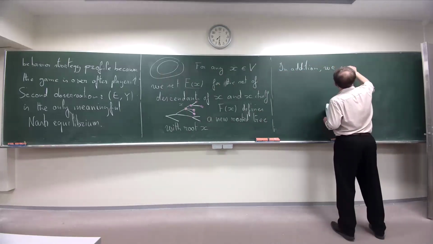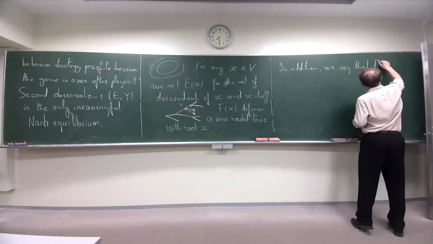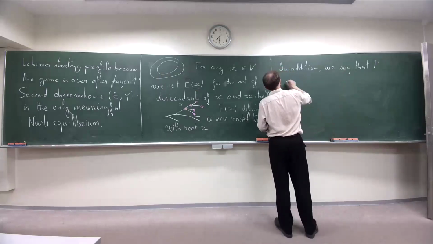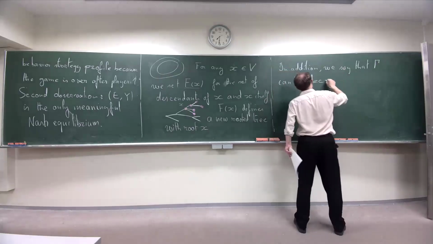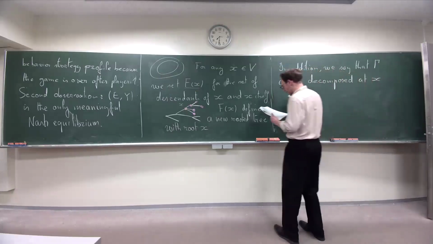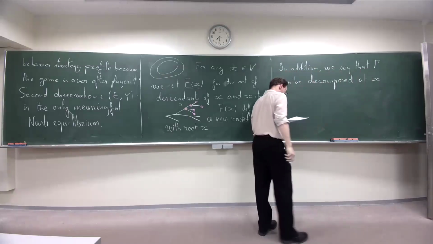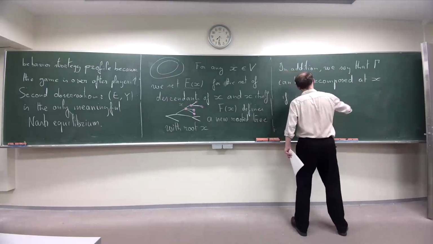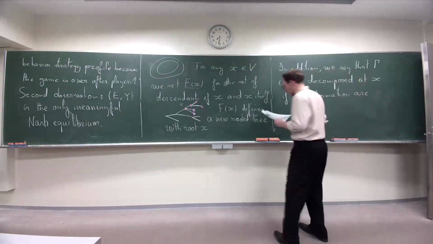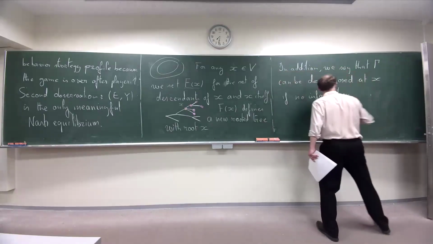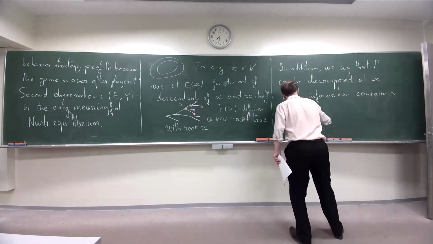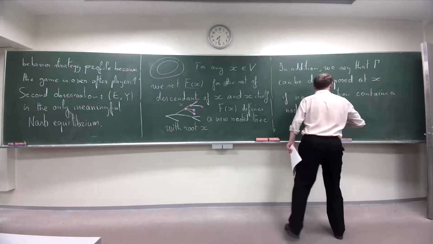We say that gamma, this extensive form game, can be decomposed at x if no information sets contain the node. The node is the same as the vertex.